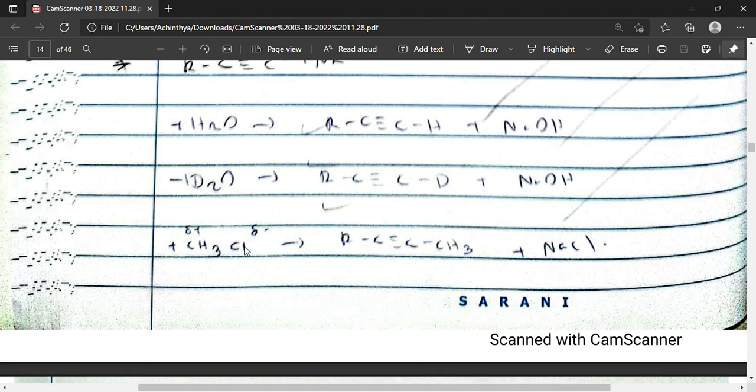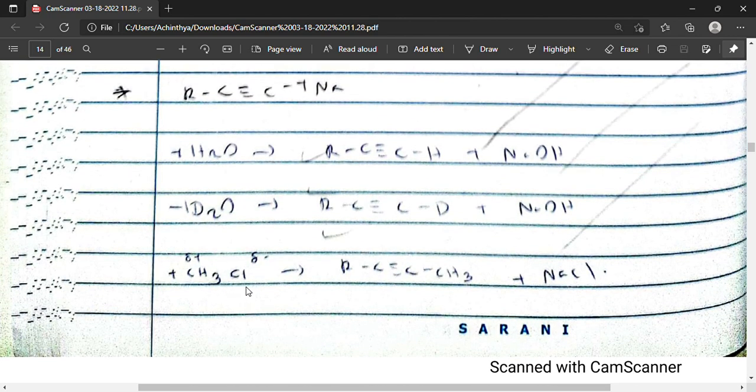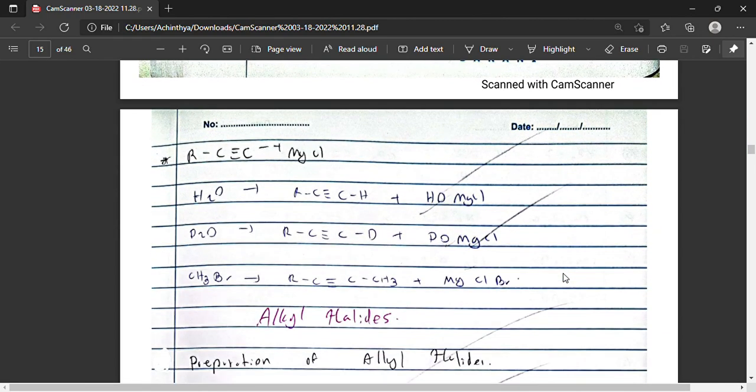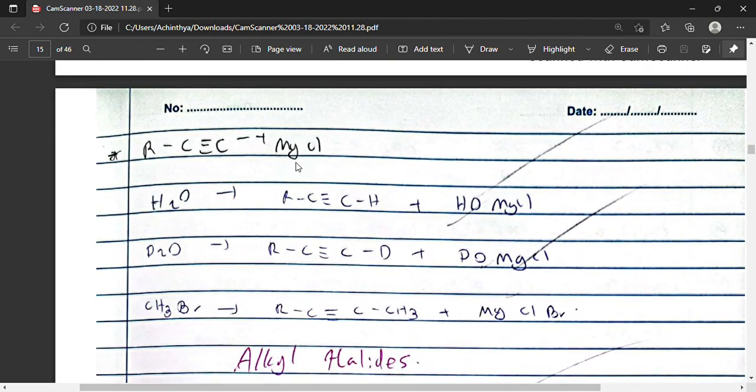If we add alkyl chloride into the sodium salt of the terminal alkyne, the alkyl group will be joined to the triple bond carbon, while the sodium will bind to chlorine to form sodium chloride.